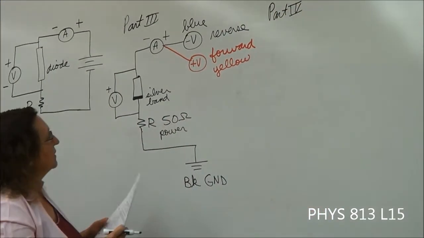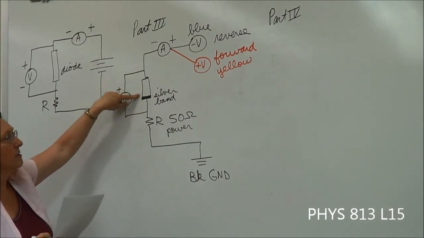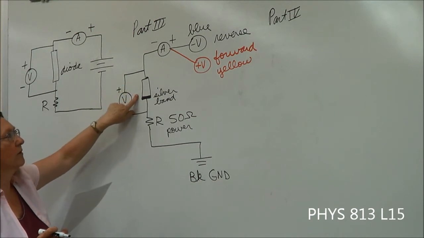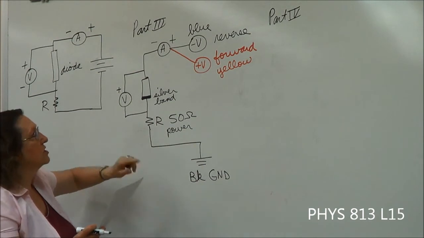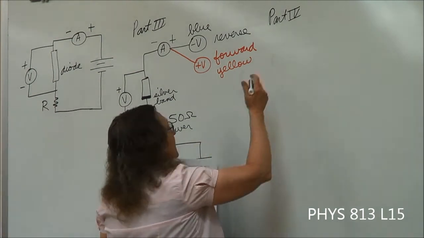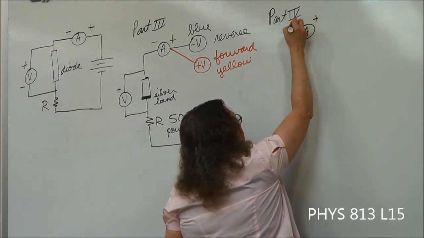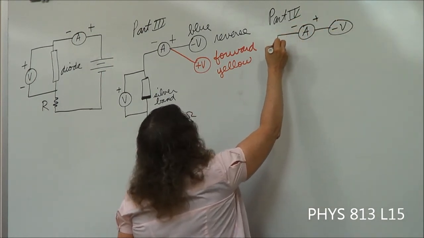And basically what you're going to do is replace the diode with, or this is the standard diode, you're going to replace it with an LED. So the difference is, let's see, I need my ammeter and my minus voltage. We go over here.